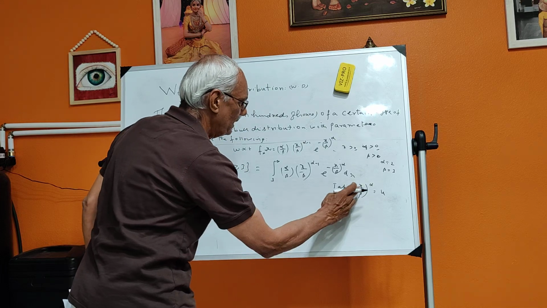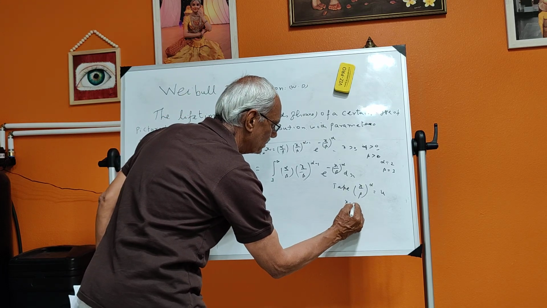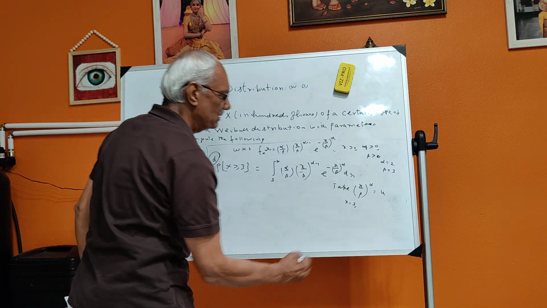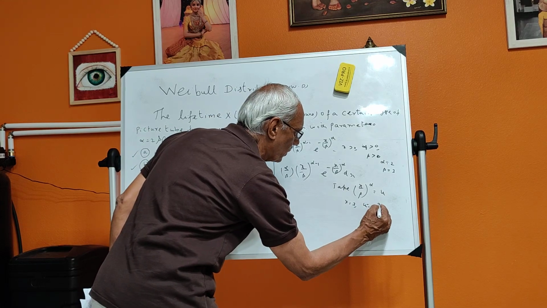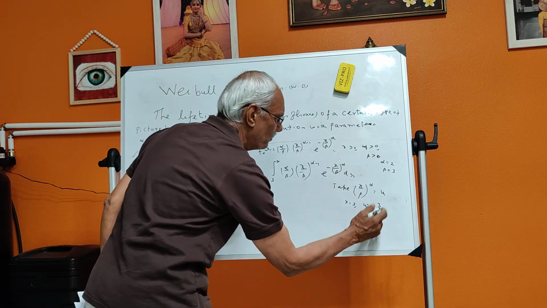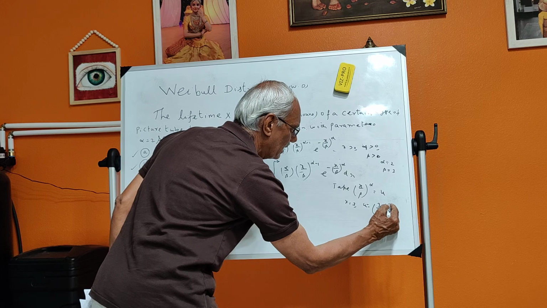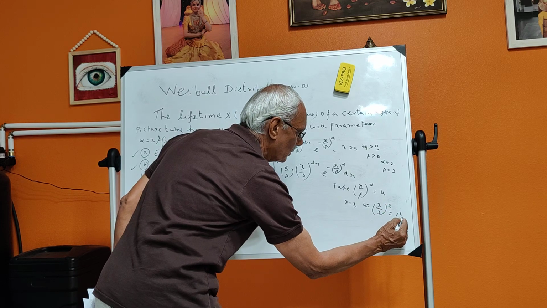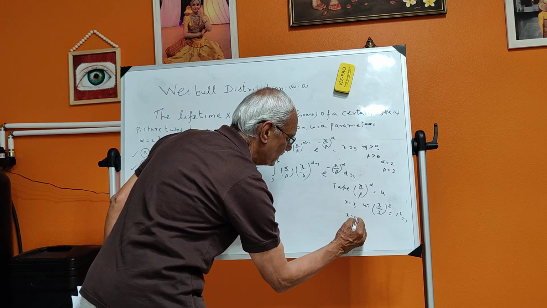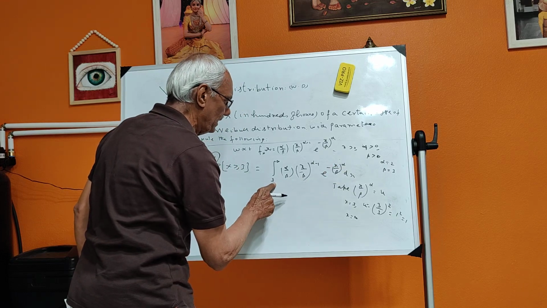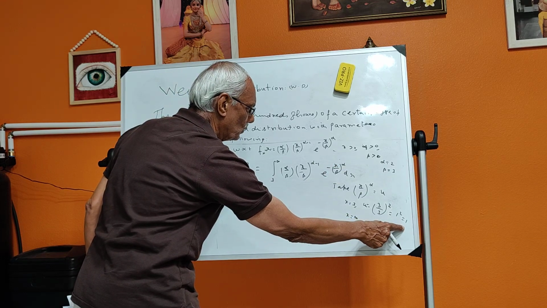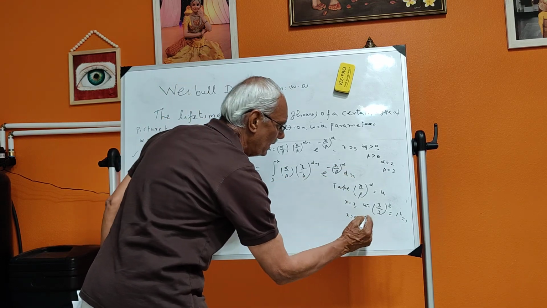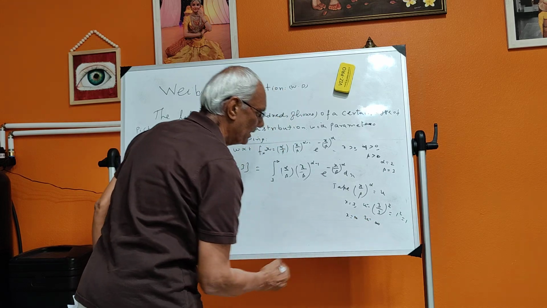Then when you put x is equal to 3, u will be equal to 3 divided by beta, which is 3 divided by 3, that is 1. When you put x is equal to infinity, u is equal to infinity.